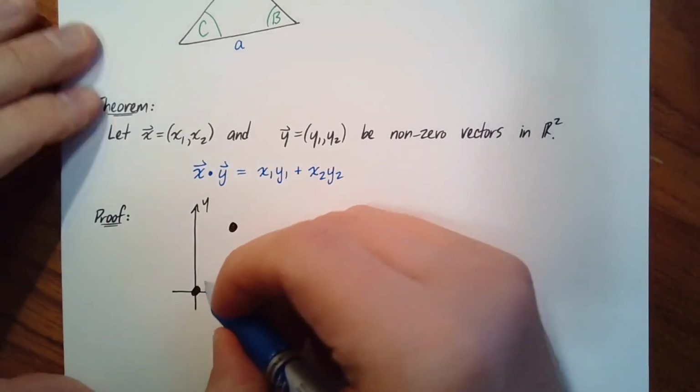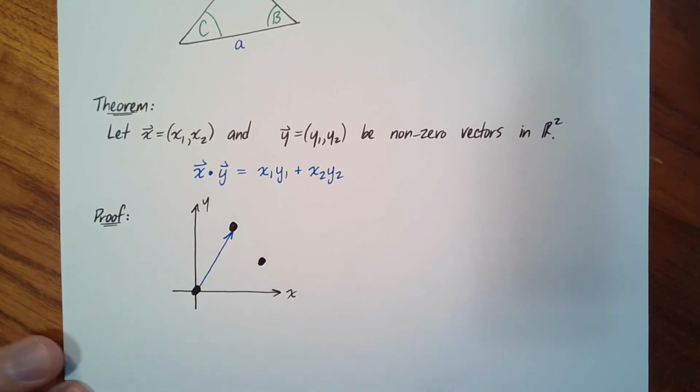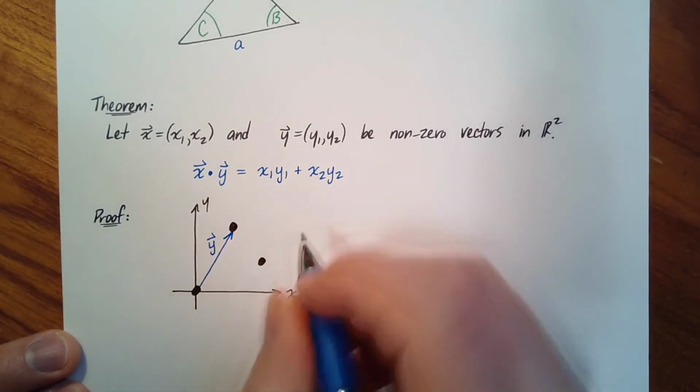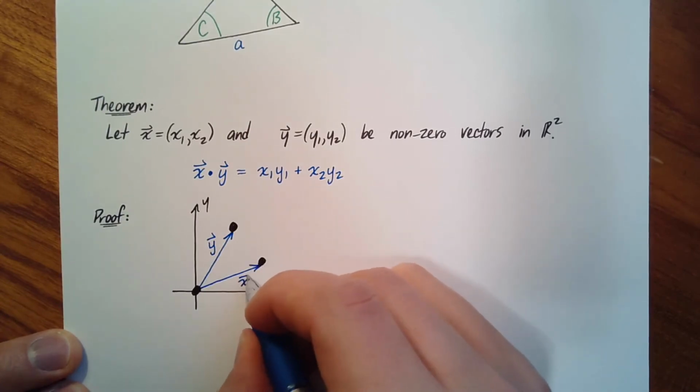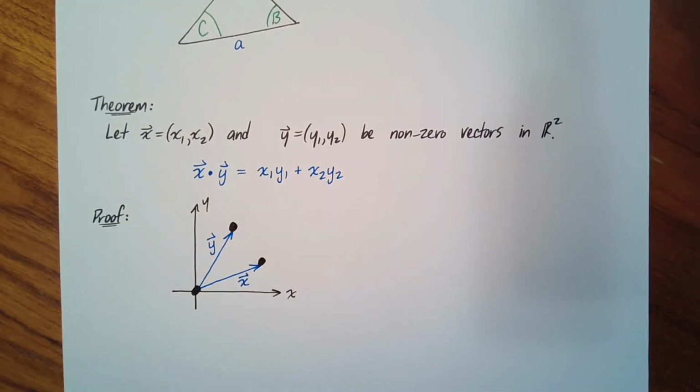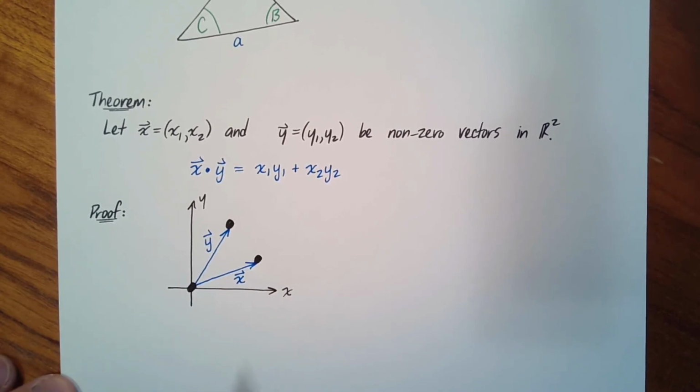Normally I'd label this one x, but it turns out to be more convenient to label this one as the vector y, and the other vector as the vector x. It makes no difference in the end result. You can reverse the labeling if you want to stick with the previous pictures, and everything will work out just fine, using the same logic. But if you copy the swap that I'm doing, it makes the algebraic steps work out slightly cleaner. So that's why I'm doing that.